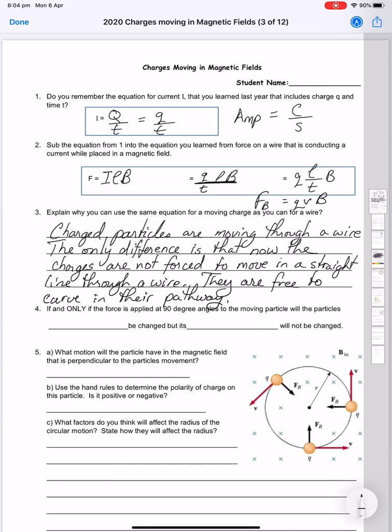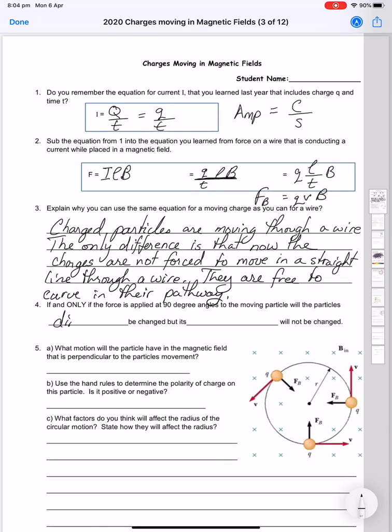All right. So if and only if the force is applied at 90-degree angles to the moving particle will the particle's direction be changed, but its speed will not.